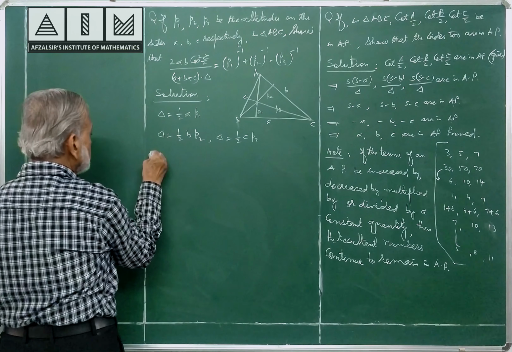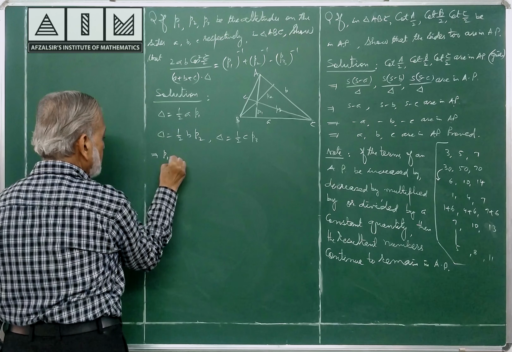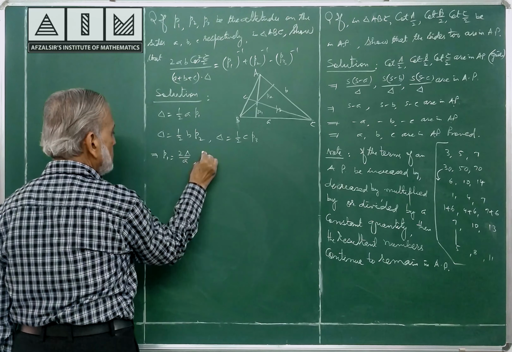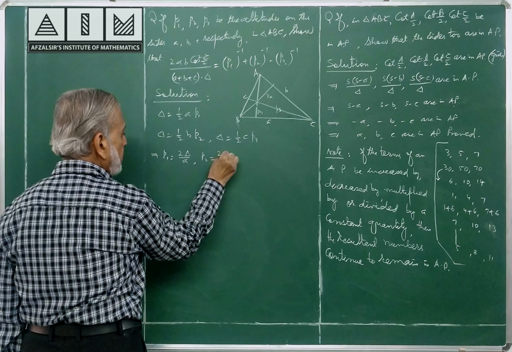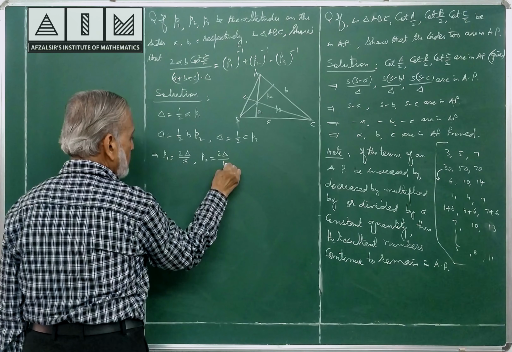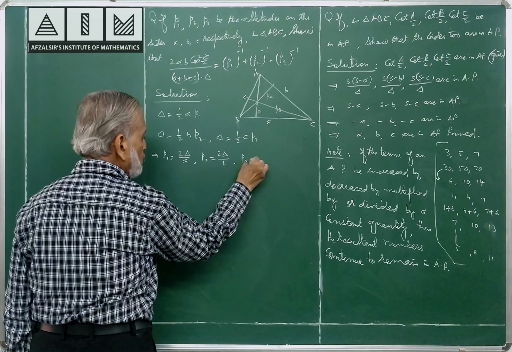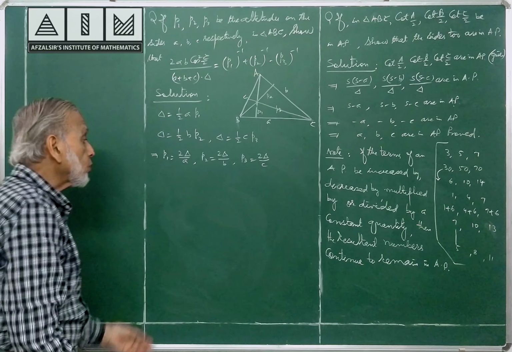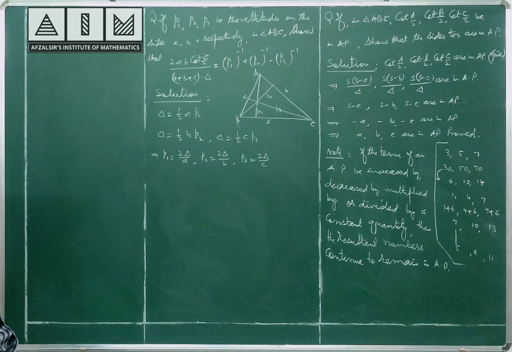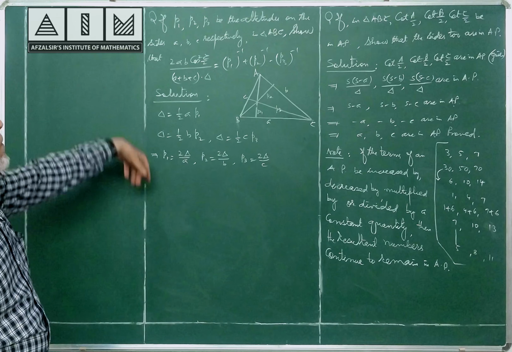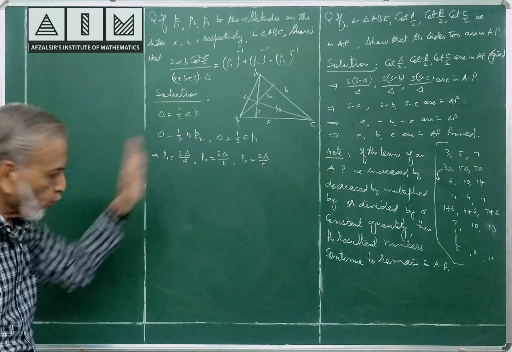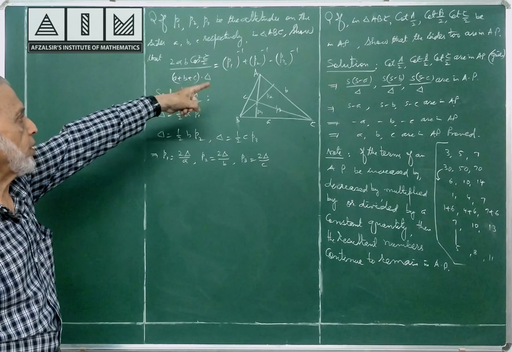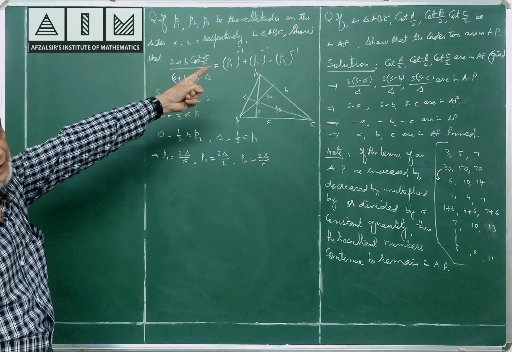It means P1 is equal to 2 delta by A, P2 is equal to 2 delta by B, P3 is equal to 2 delta by C. This has also come in the beginning of this chapter. Now, what's your question? P1, P2, P3 are the altitudes. Show that this is equal to P1 power minus 1, P2 power minus 1, P3 power minus 1.